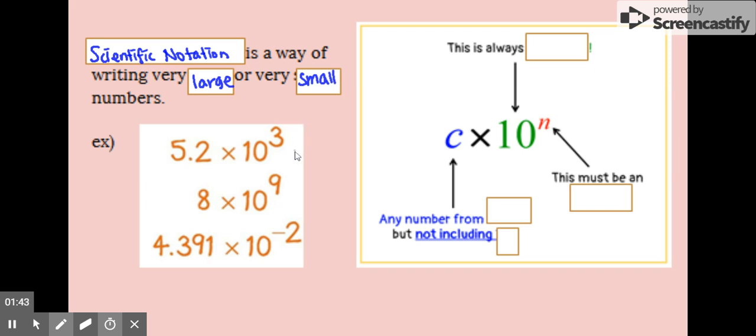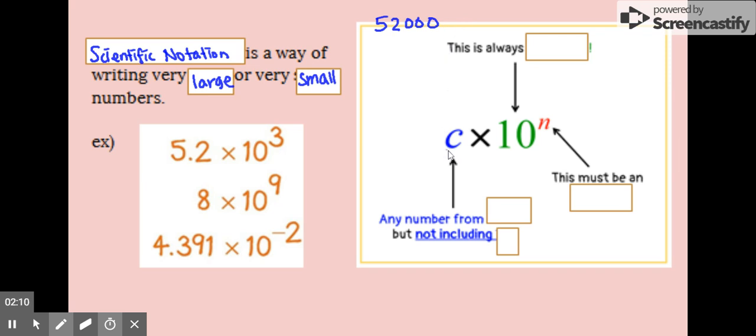So for example, let's say I have 52,000. This is a really big number, and if there are too many zeros, it could be confusing sometimes. So I'm going to show you how to write this number in a simpler way.